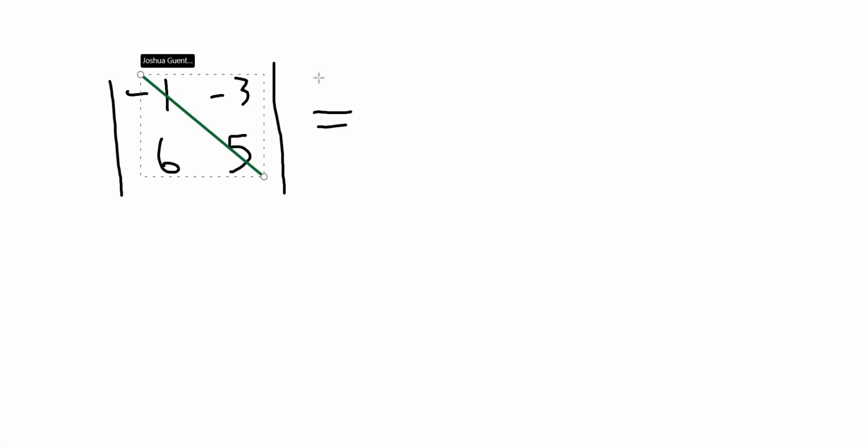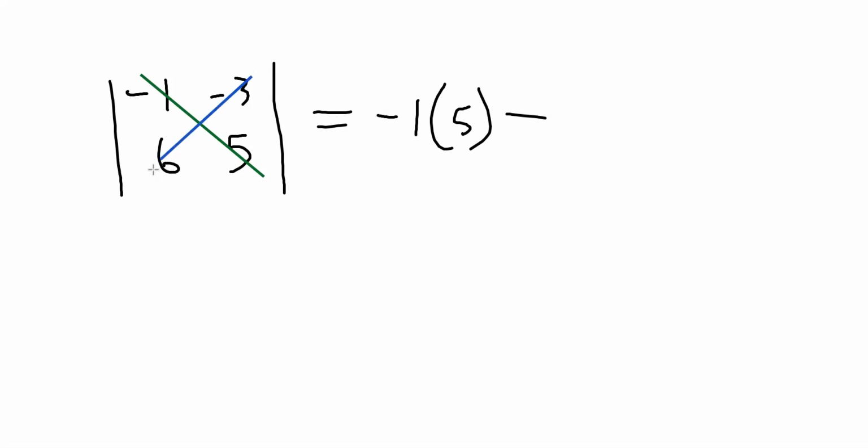I multiply the two things on the main diagonal. -1 times 5. I always subtract, so I always use subtraction here before I even look at what's on the other diagonal. I know it's subtraction. And I multiply the things along this diagonal now. So minus -3 times 6.